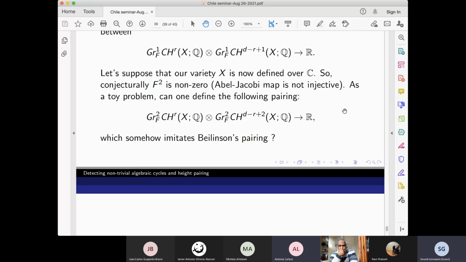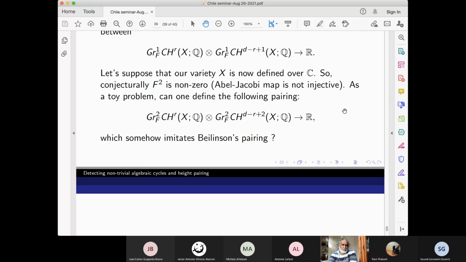It's really very difficult to say whether that cycle is 0 or non-zero just staying at the level of Chow groups. So that's when one goes into all these maps. One defines the cycle class map, then the Abel-Jacobi map, to detect the cycles, basically.